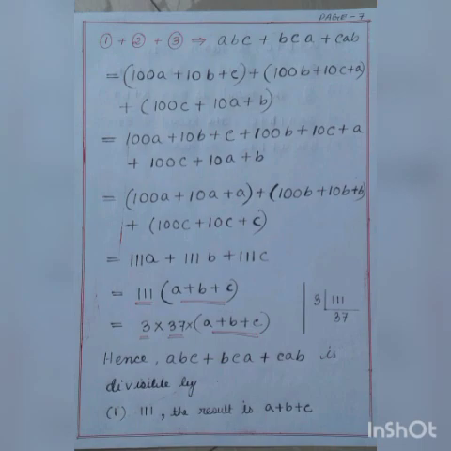So, in place of 111, I can write 3 into 37 into (A plus B plus C). Therefore, ABC plus BCA plus CAB is divisible by 111, and the quotient will be the sum of the digits A plus B plus C.